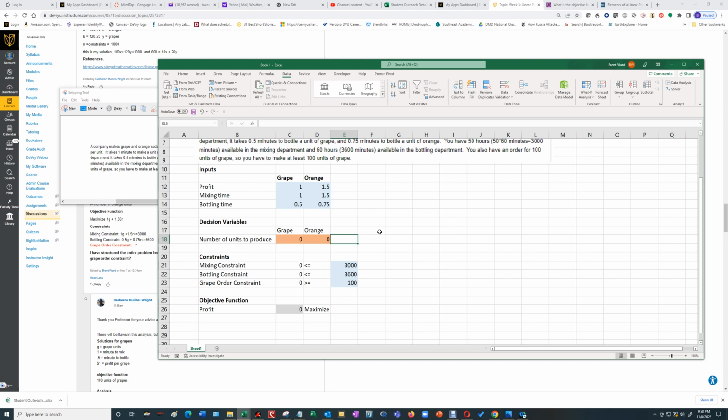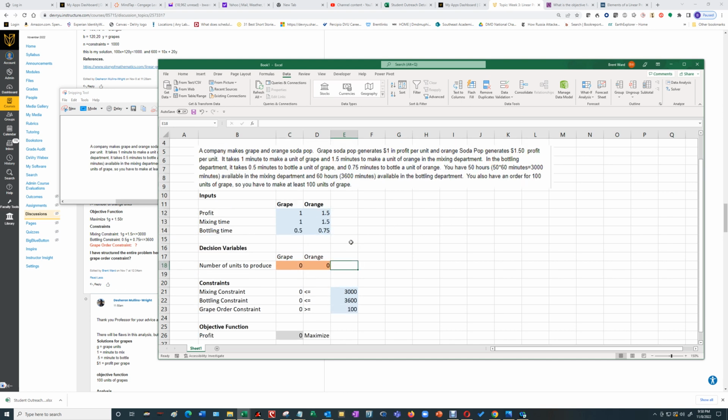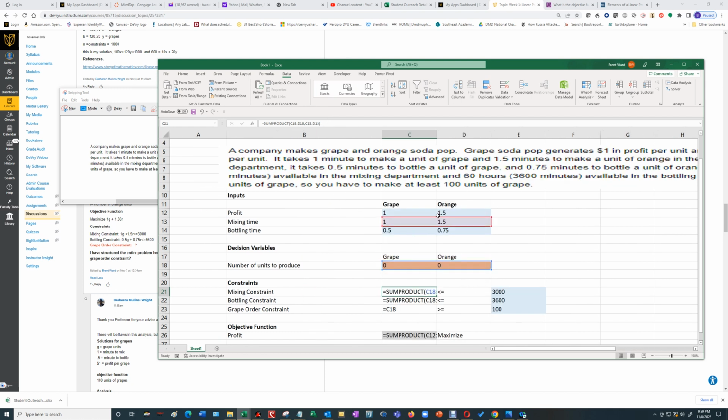We can't just make an unlimited amount of grape and orange and call it a day. We have to be subject to the constraints of real life. So the mixing constraint is that the total amount of time invested in mixing must be less than 3,000 minutes, because that's all that's available for that week in the mixing department. So what we do is I use the sum product function right here.